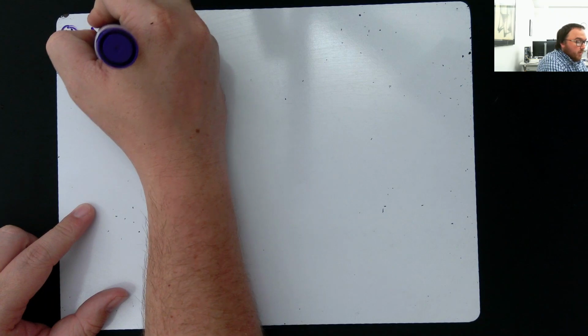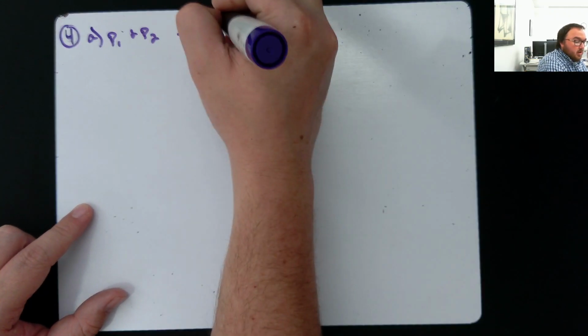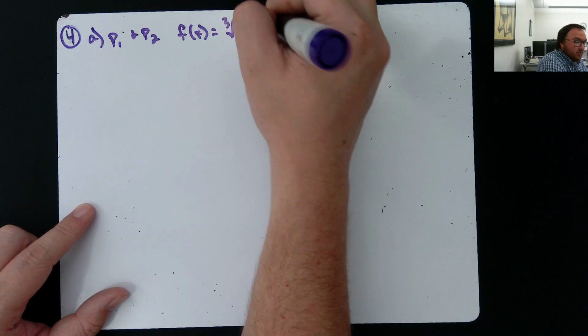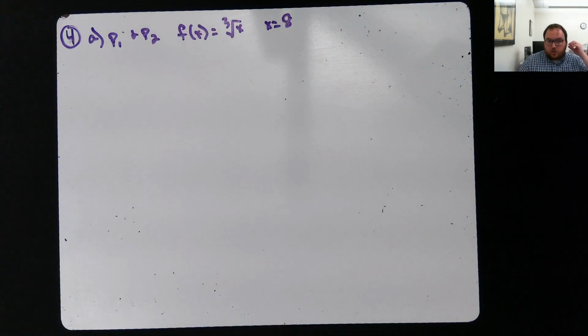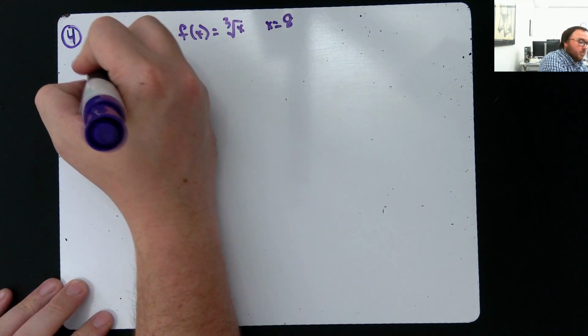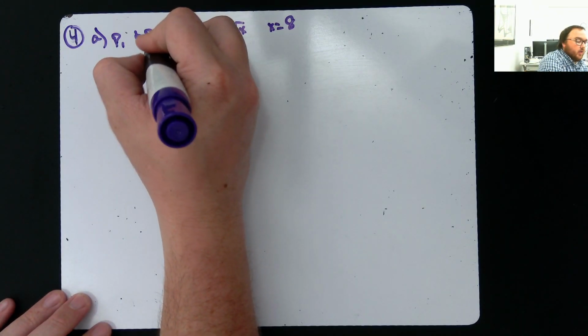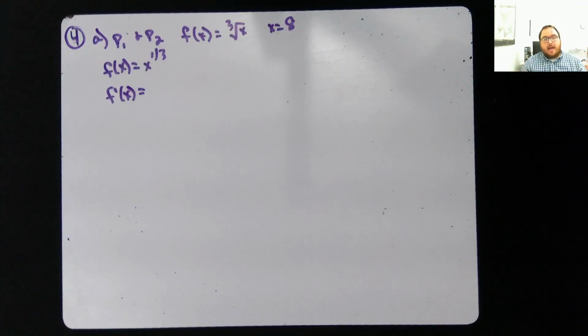Okay, so part A, we're going to find P1 and P2 for the function cube root of x at x equal to 8. So for P1, I just need the first derivative. So let's start with the function, which is the cube root of x, which I'm going to write as x to the 1/3. The derivative of that, I can use the power rule.